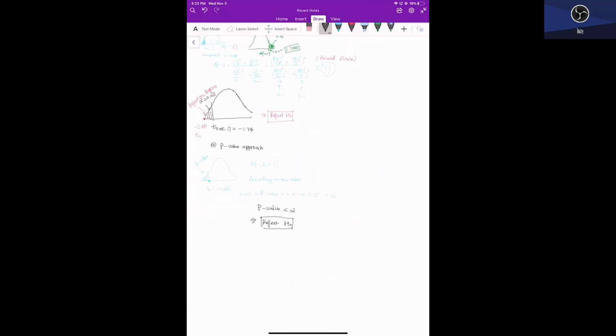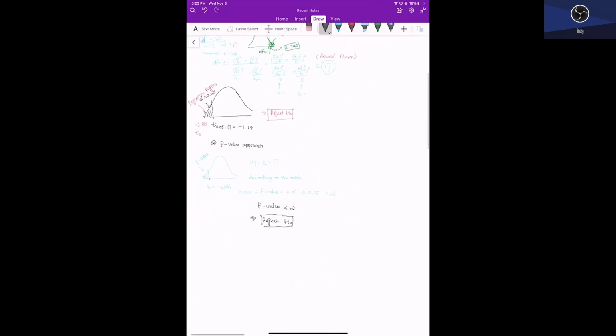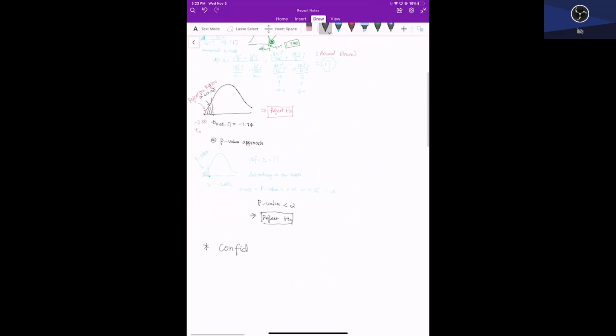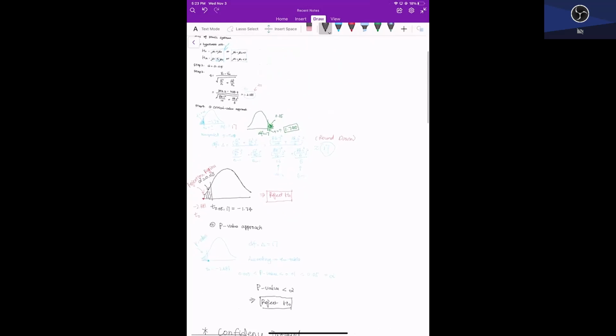And if you remember, the confidence interval formula is x1 bar minus x2 bar, plus or minus t alpha over 2 times the square root of s1 squared over n1 plus s2 squared over n2, with the same degrees of freedom delta. That's the complicated formula here, delta.